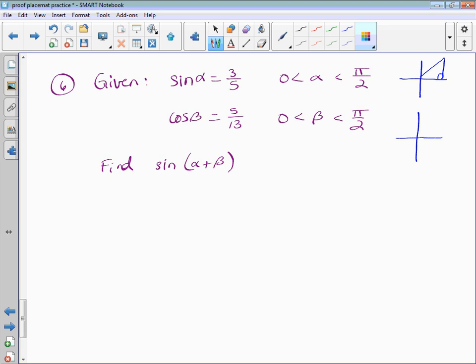There's the right angle, so here's alpha. And I know the sine of alpha is 3 over 5. So what does that tell me about my triangle? Radius is 5. Where's that 3 go? We know 4 is your adjacent side.